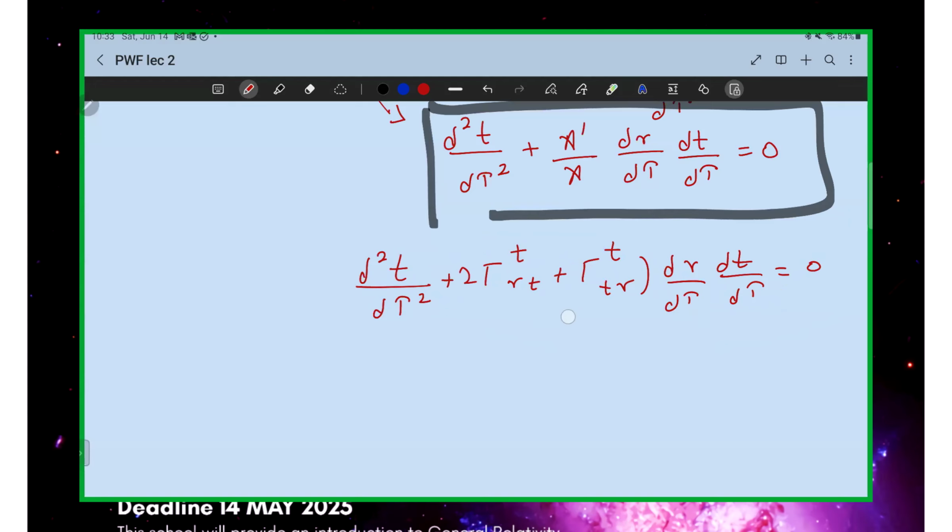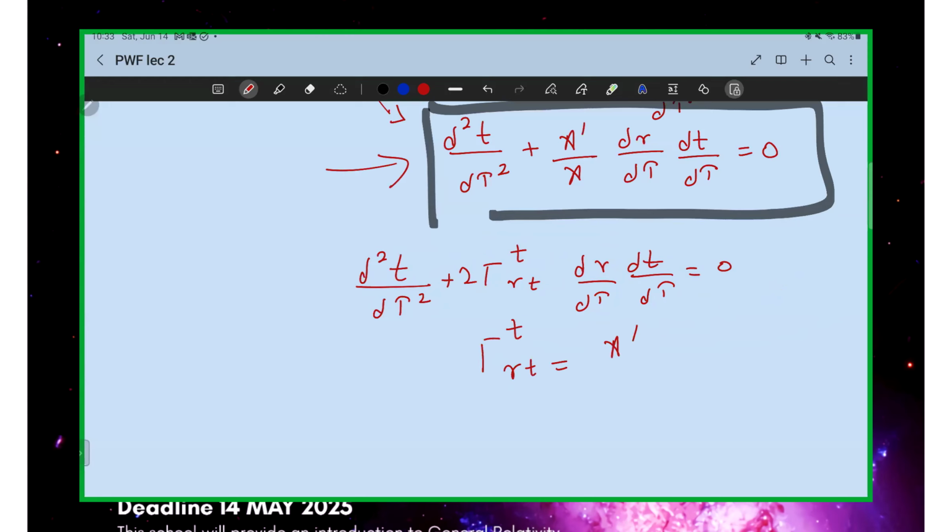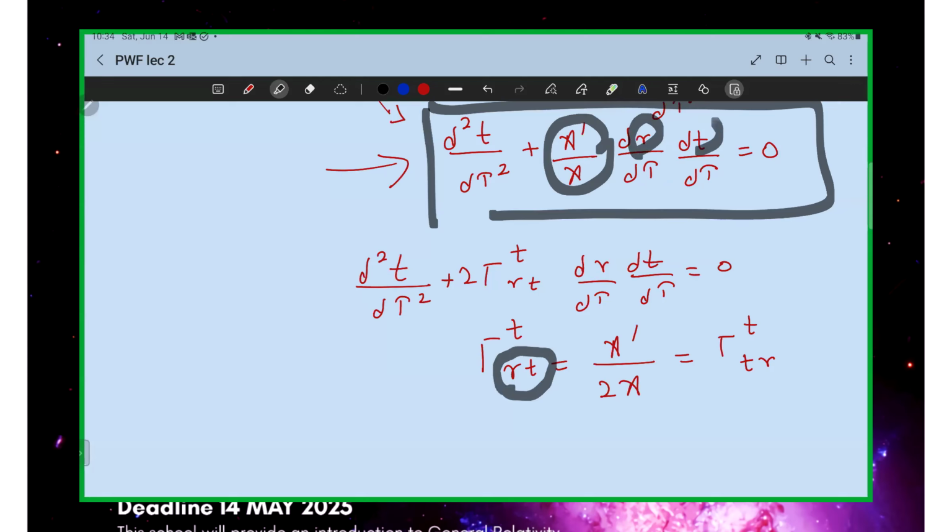So you can just do it like this, right? So this equation is telling you that Gamma^t_{tr} is just A prime over 2A. So the trick is that if you have different derivatives here, take whatever comes here and put it equal to the Christoffel symbol that corresponds to these two derivatives and divide by 2 because there are two different terms that can contribute to this particular term.